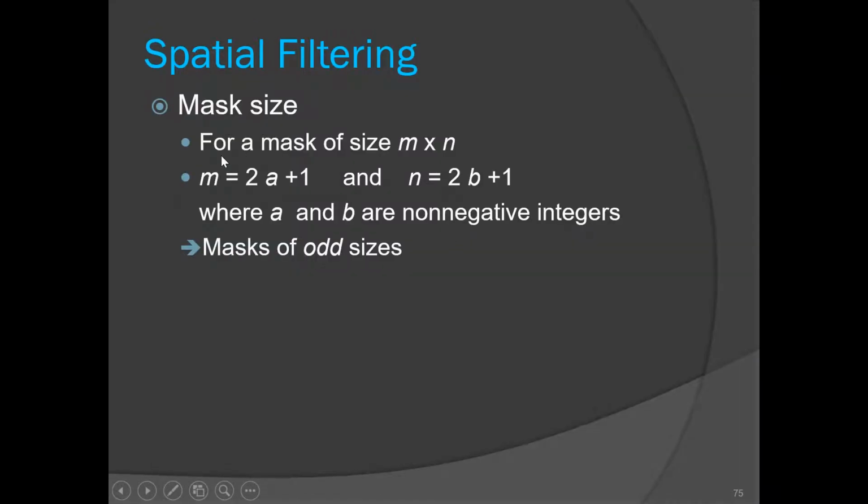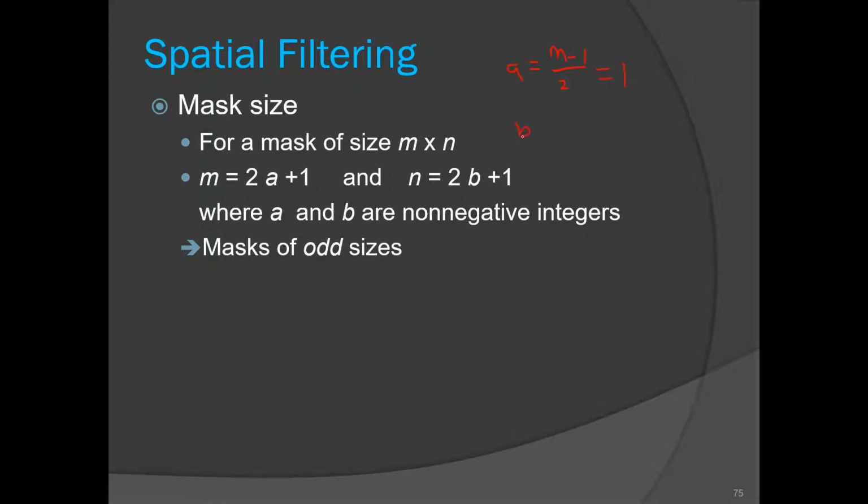Now consider the size of the mask is m by n. Consider m equals 2a plus 1, so a becomes (m minus 1) by 2. In our previous example, m cross n was 3 by 3, so if you put in the value, that is (3 minus 1) by 2, a will be equal to 1.